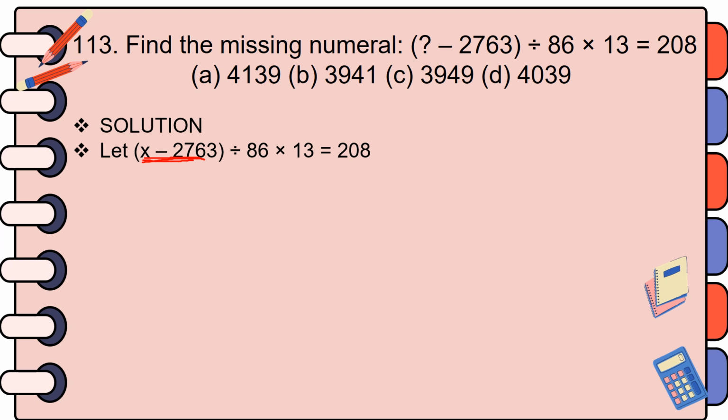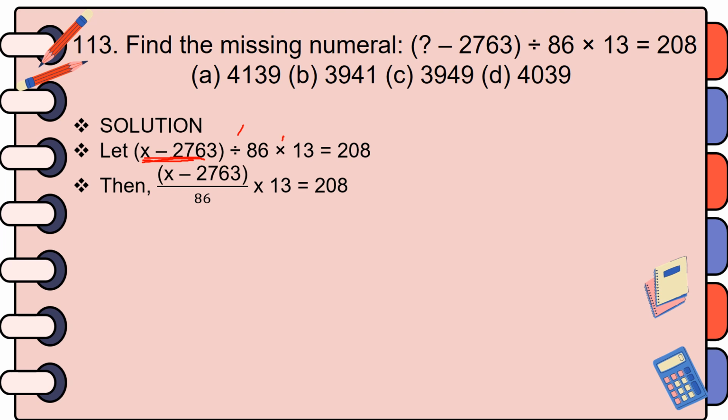Then next we go to the other numbers and see the operations. We have division and we have multiplication. So we perform division first. So let us write this in such a way. So we have x minus 2763 over 86.